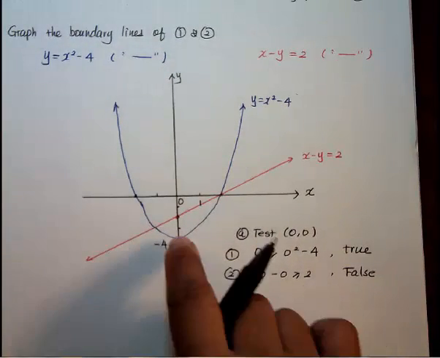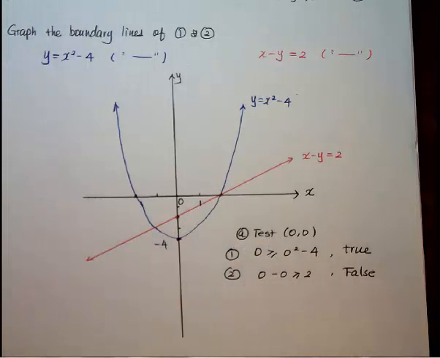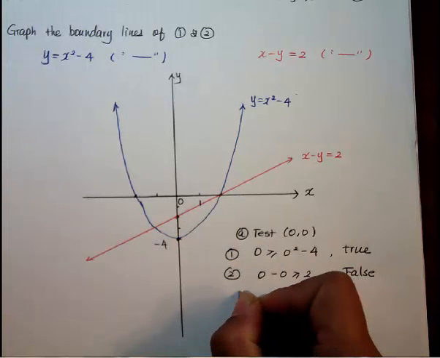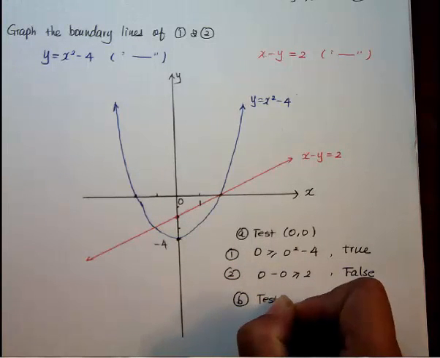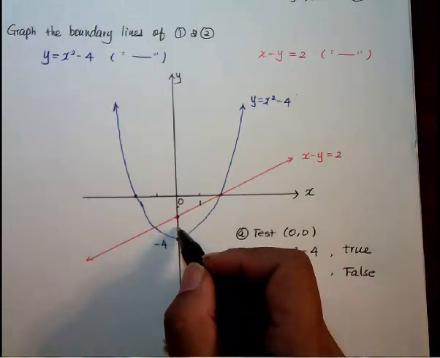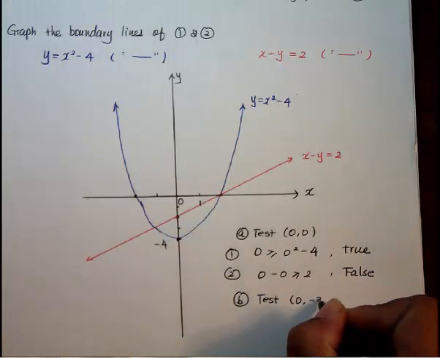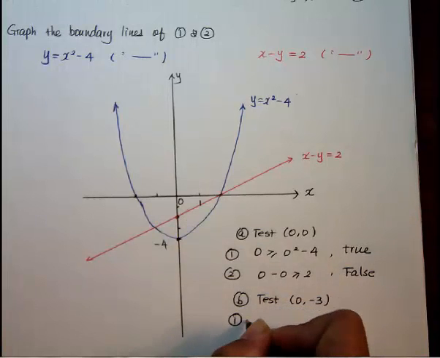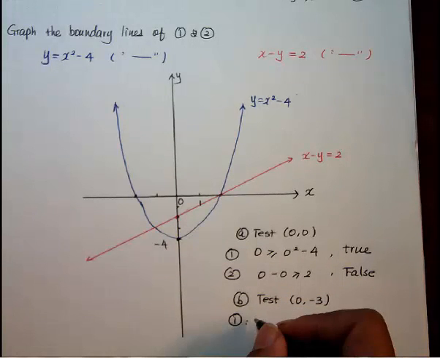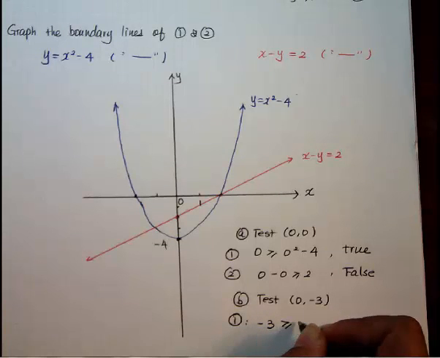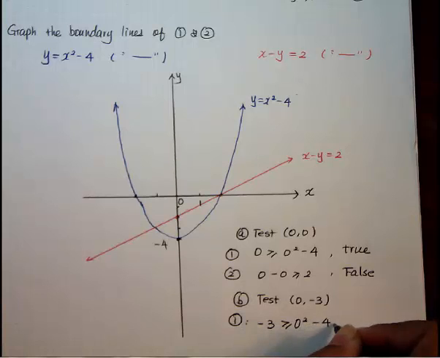Now let me get down here to test a point. Okay. Test maybe this point, that will be 0, -3. Let's take a look. The first inequality is -3 greater than or equal to 0 squared minus 4. Yeah, true.